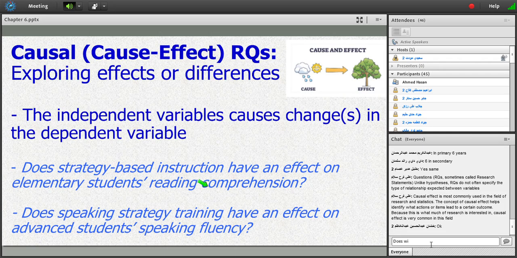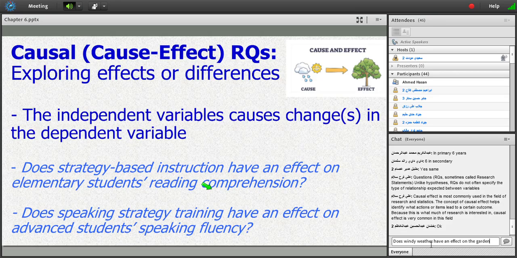So we want to check whether when we teach the students strategies and we want them to use the strategies when they read the text, it can increase their ability to comprehend the passage.